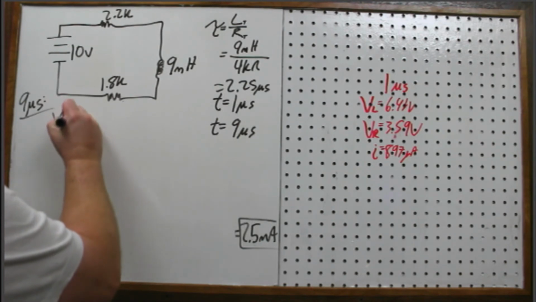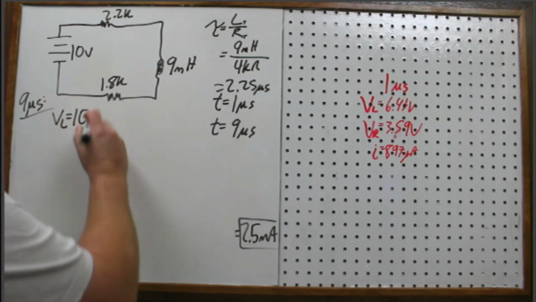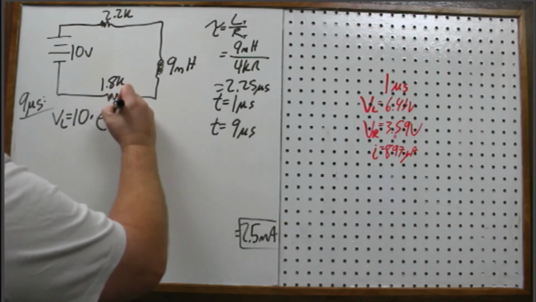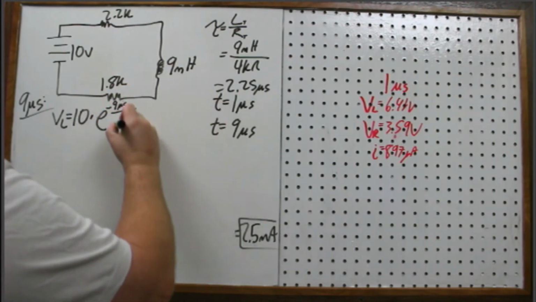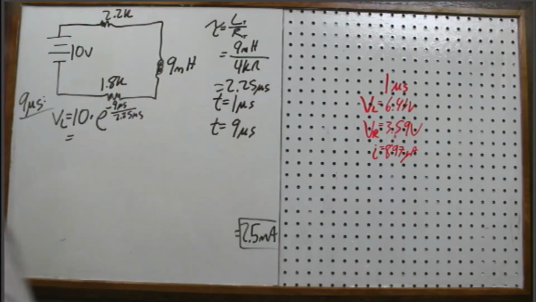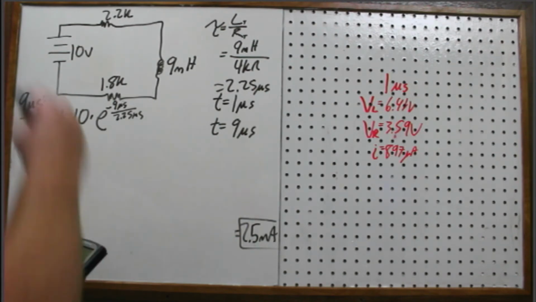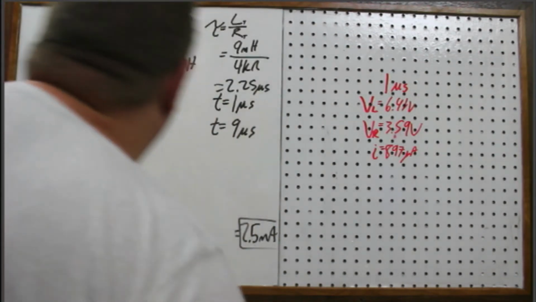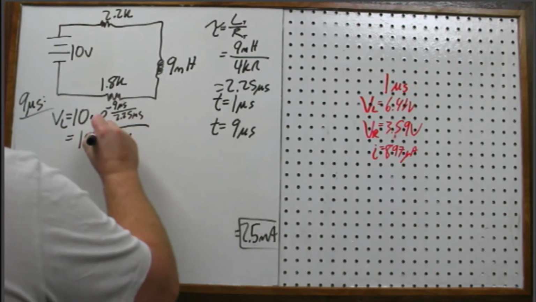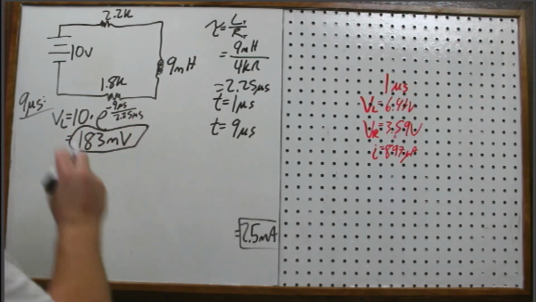So the voltage on the inductor is going to be 10 volts times e to the negative 9 micro over the 2.25 micro. So that's 183 millivolts. So almost nothing. We waited even longer in this example to see what happened.